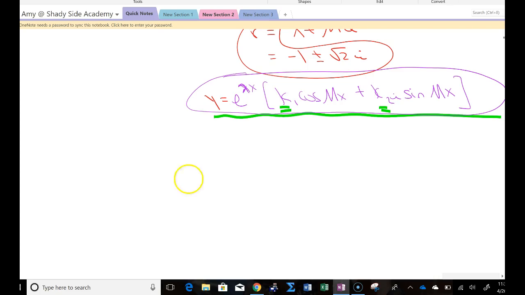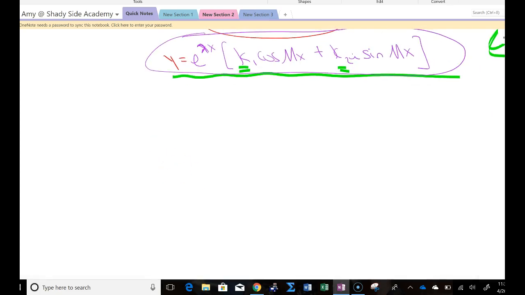Okay, ready? Here we go. Wronskian. All right. Recall. Let's take a look at this. Consider the following. Consider f of x equals x squared minus 3x plus 4, and g of x equals x squared minus 3x plus pi.